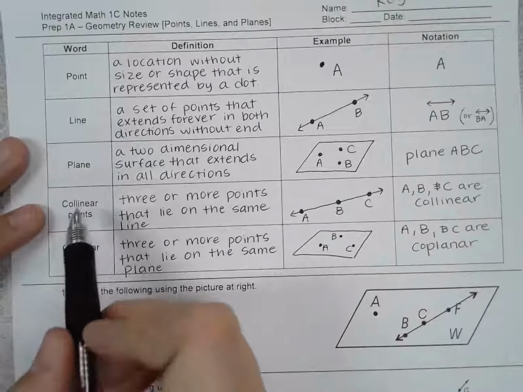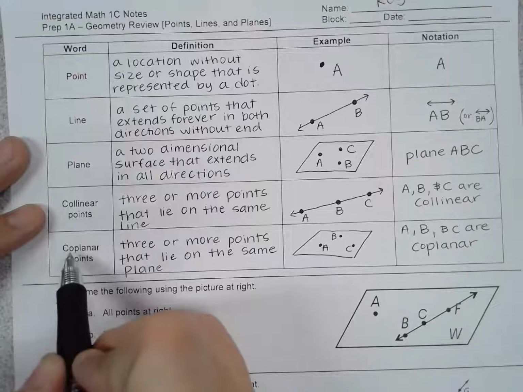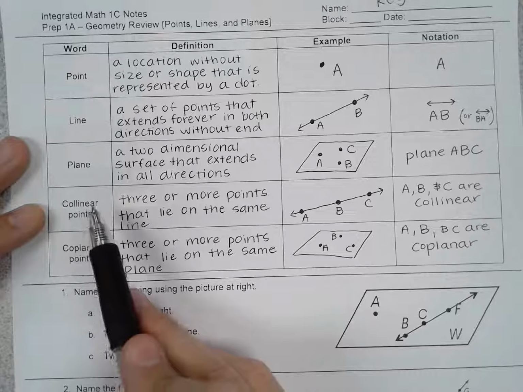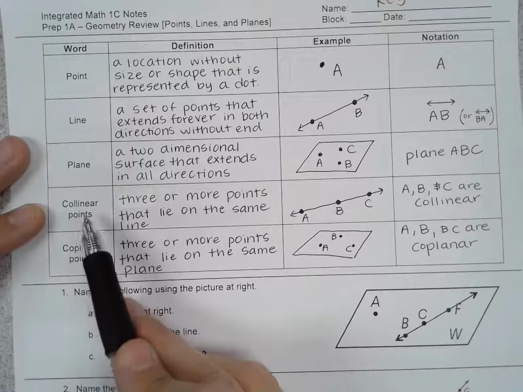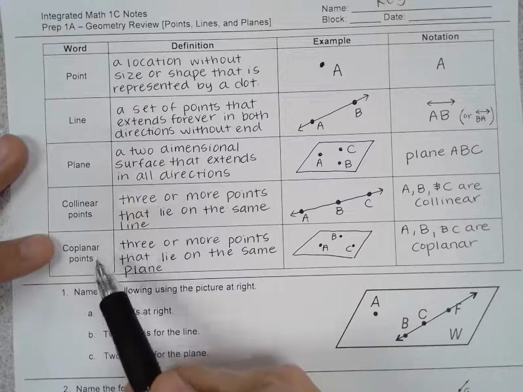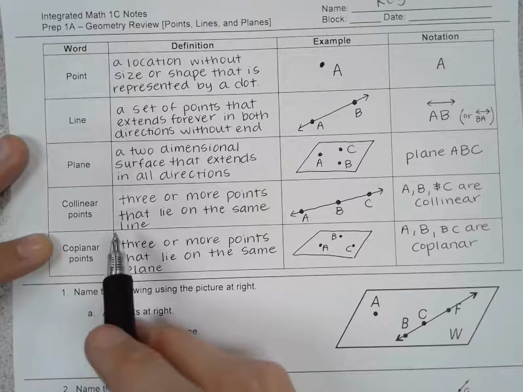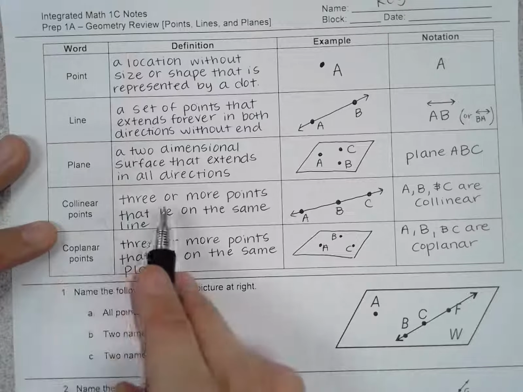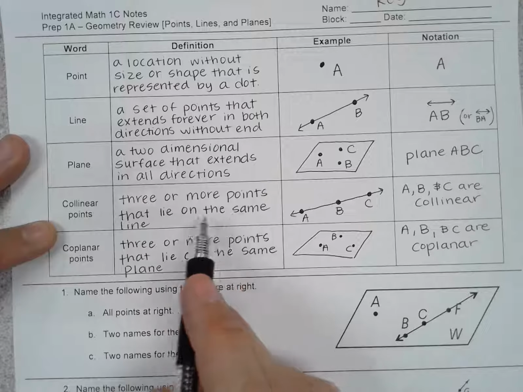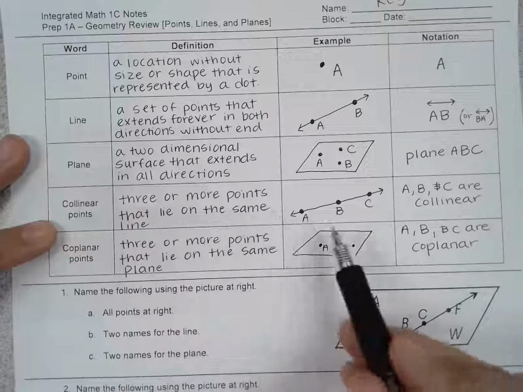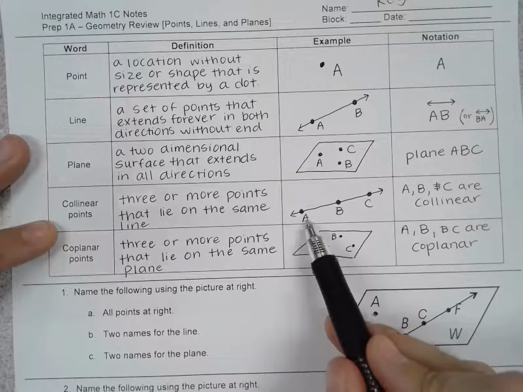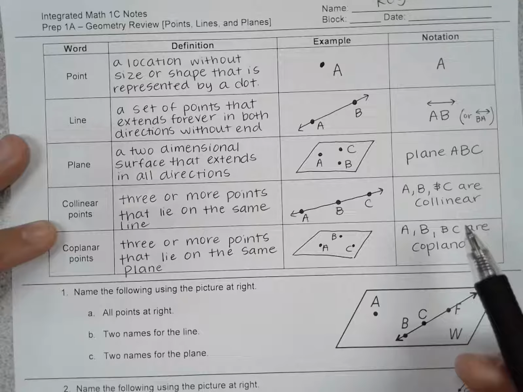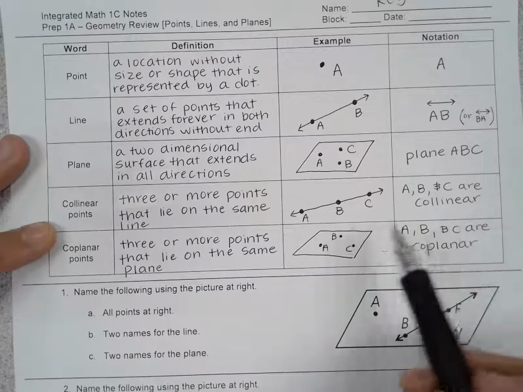The prefix co, when you see it on a word, means either with or together. And so collinear means that the points are on the same line, and coplanar means that the points are on the same plane. So collinear points are 3 or more points that lie on the same line. So in this picture right here, A, B, and C are all on the same line. That means that they are collinear.